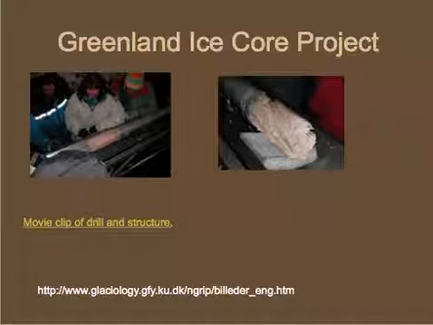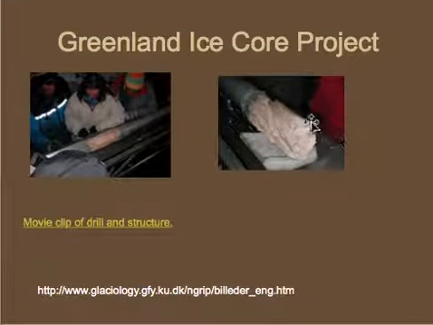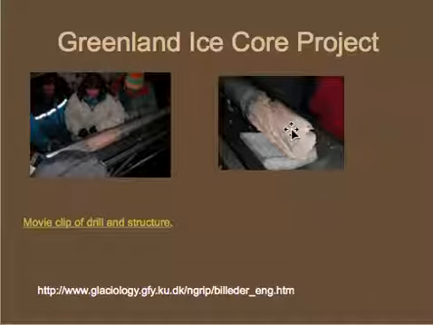You can dig down into the ice itself, extract a core, date each layer, and then look at the isotope ratios within the water there, the oxygen isotope ratios of the ice, and then be able to calculate the global temperature at that time. So again, very, very useful technique.